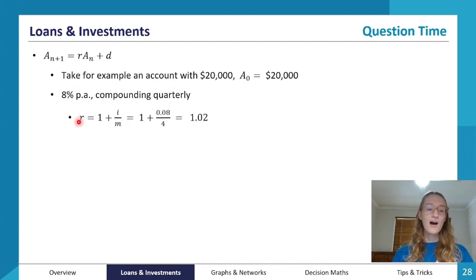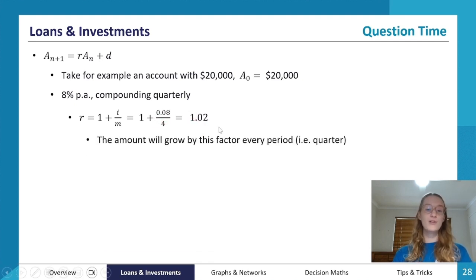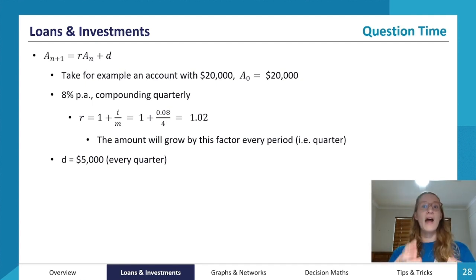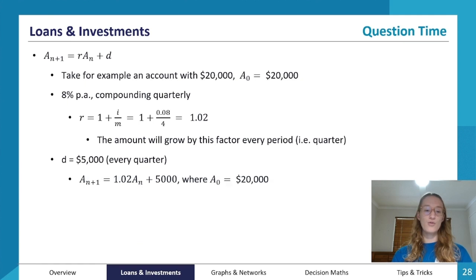So that means our R, our growth factor of our investment, is 1 plus I over M, decimal rate of interest, 0.08, divided by number of compounds per year, compounding quarterly, so 4 times a year, gives us our growth rate of 1.02 per quarter. So it's going to grow by 1.02 every quarter. And D, this person in their annuity is going to add $5,000 every quarter.